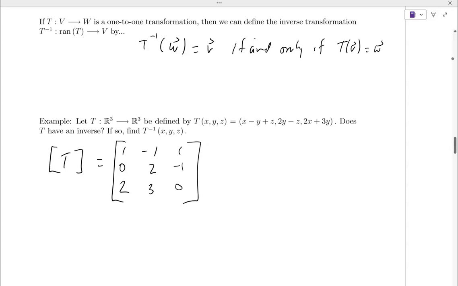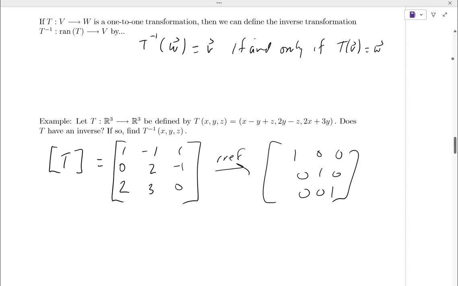So if I just type this in real quick to my calculator, if I do the reduced row echelon form, I do get the identity. So I do see a pivot in every column, so it's 1 to 1. I see a pivot in every row, so it's onto. So we really do get an inverse.